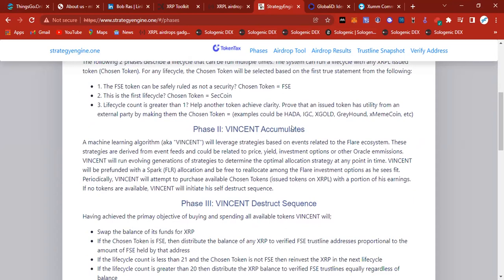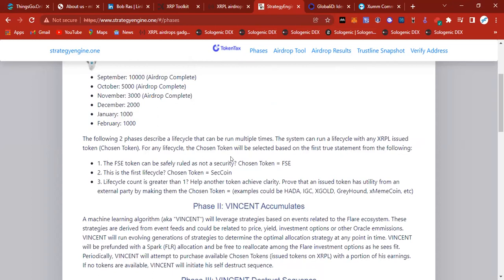Phase 1 is a little confusing, not really though, because what this phase 1 of the bot is doing is basically trying to prove that these tokens on the XRP ledger are not securities, and the bot is going to highlight a chosen token. Examples can be, you see these: Hada coin, IGC, X Gold, Greyhound, X meme coin, any coin on the ledger. It's going to highlight the utility of that coin.